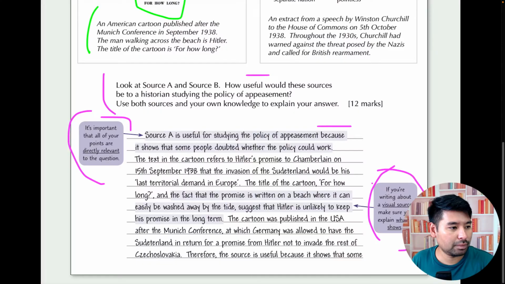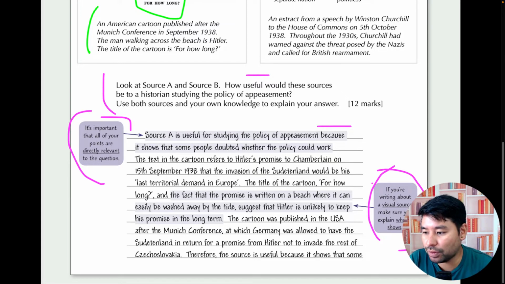So let's continue. Let's move on to the next part. The cartoon was published in the USA after the Munich Conference, at which Germany was allowed to have the Sudetenland in return for a promise from Hitler not to invade the rest of Czechoslovakia.